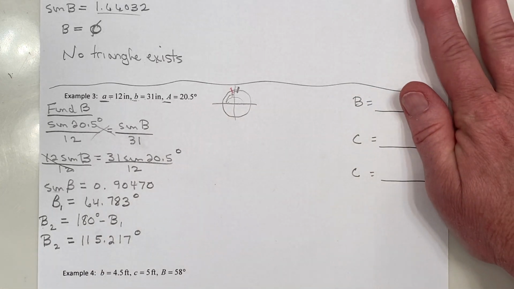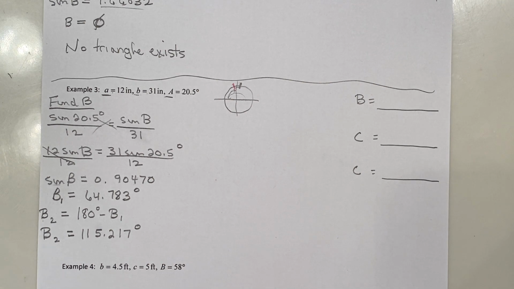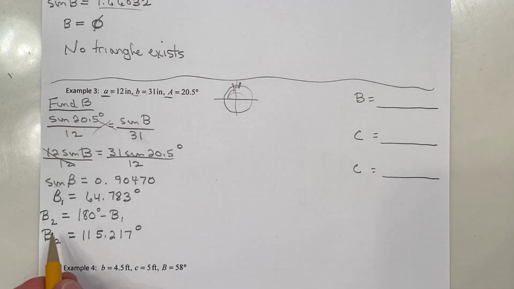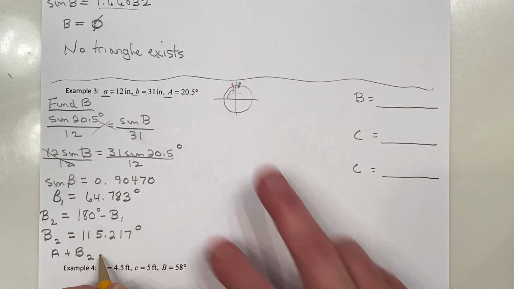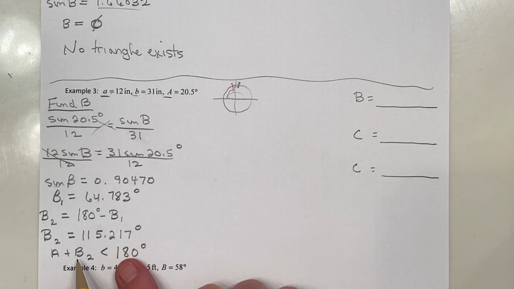Yeah, we do. So let's go back and show that. I'm going to show that angle A plus B sub 2, if I added those together, I'm not sure what it equals, but I know it's less than 180 degrees. So I'm actually going to have 2 different triangles.